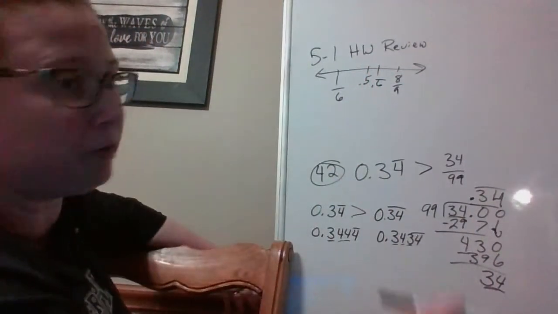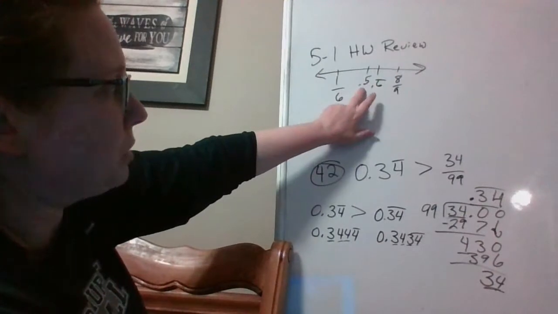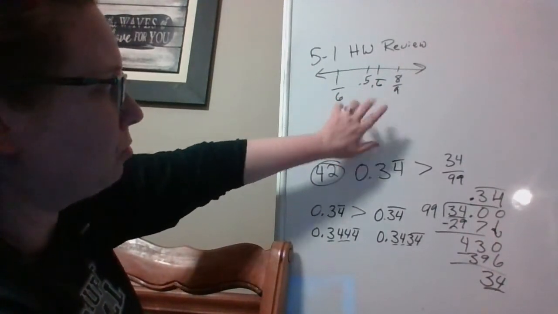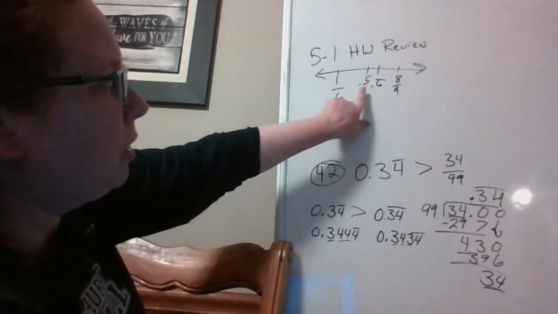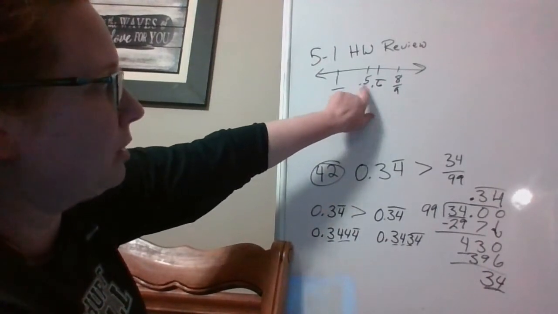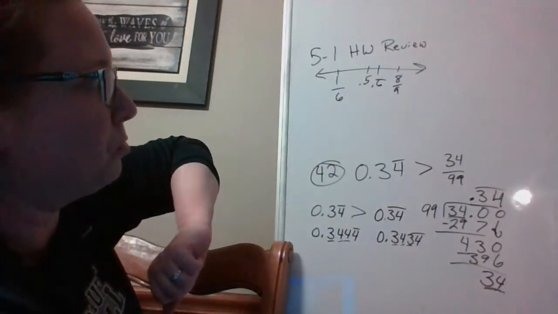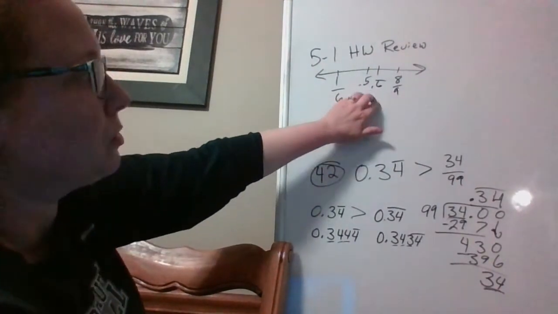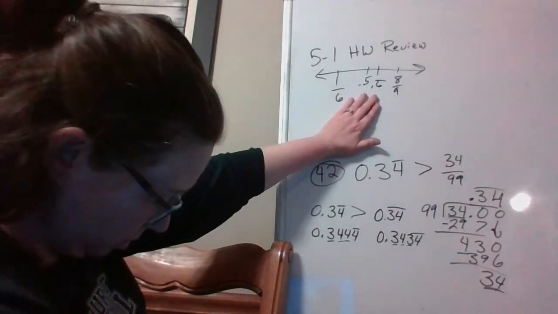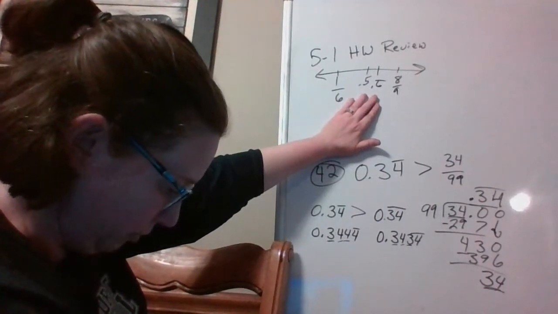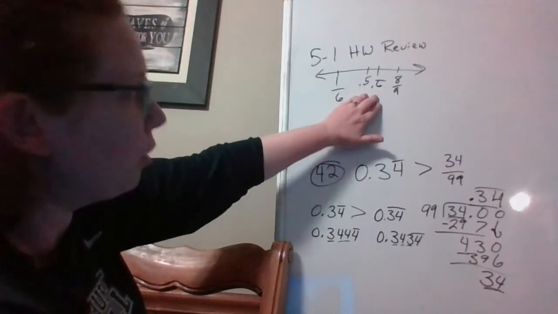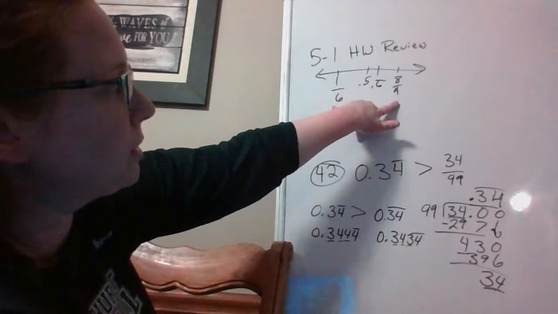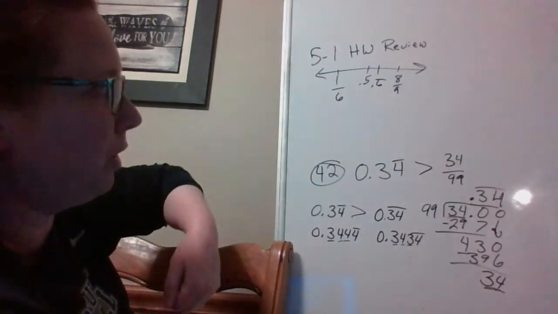I was going to write it as a fraction, but we're supposed to do decimals. So 5/10 would also be between them. And this is a terminating decimal. This is a repeating decimal. You may have different answers for these as long as you gave your answer in decimal form and it's something between 1/6 and 8/9, you would be fine.